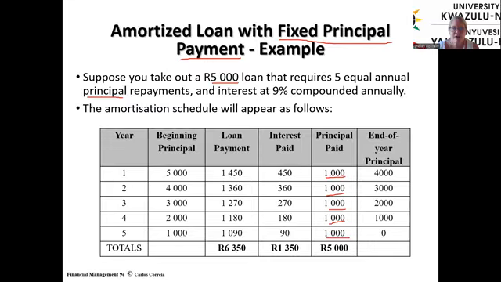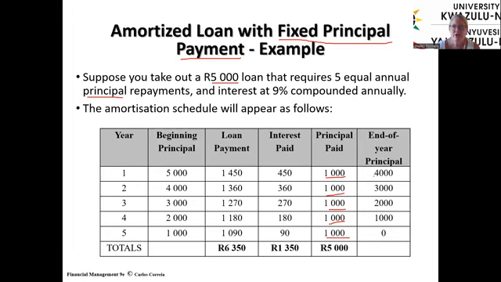You're going to pay 1,000 off in principal, and you're also going to have to pay 9% interest, which amounts to 450. Sorry, 9% of 5,000 is your interest for the year. And the principal of 1,000 plus your interest means your loan repayment will be 1,450.